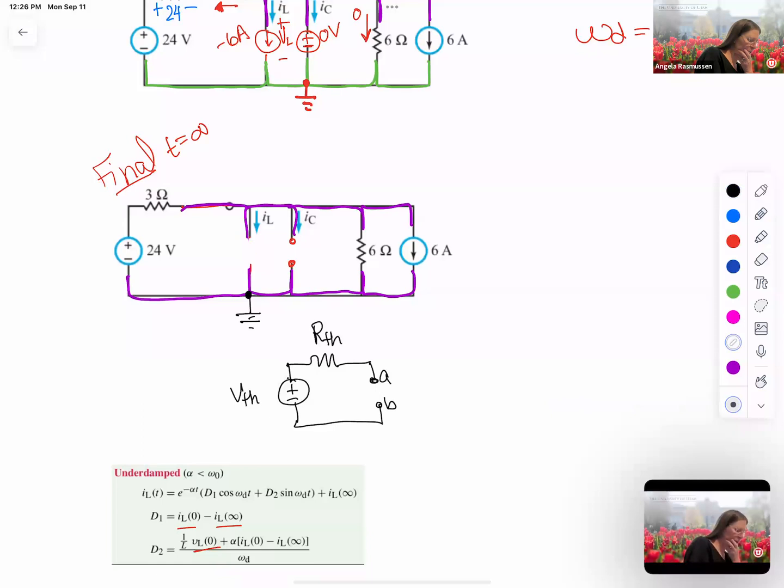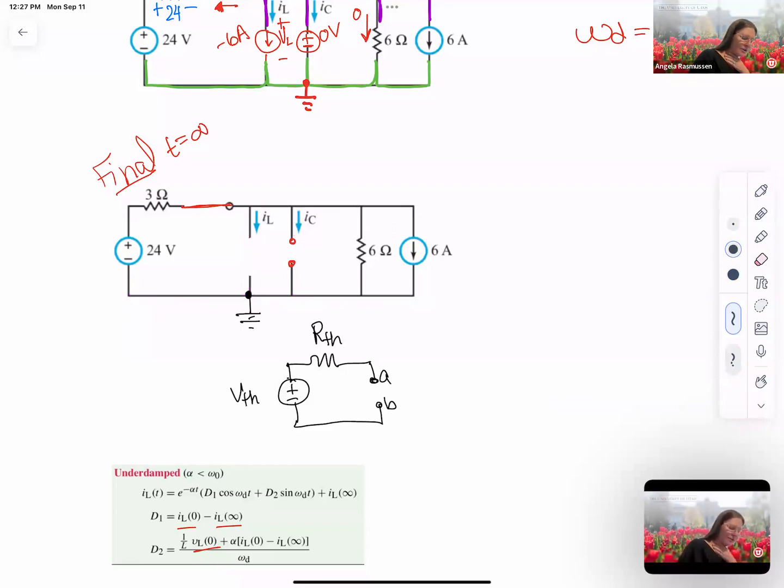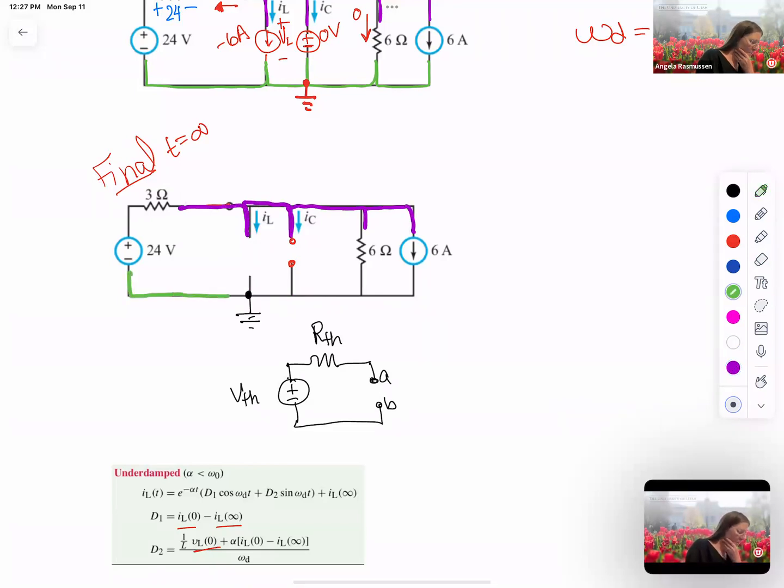So I'm going to open this up, and if I can erase the purple, there we go. And now they're different nodes, so it makes it easier to look at. So here with the node, it will be A on the top and then B on the bottom.